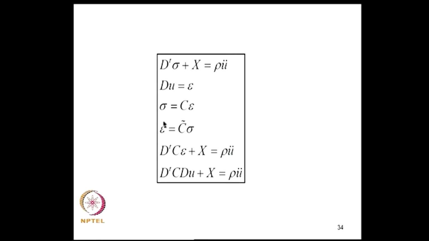By eliminating using these relations, for sigma I can write C into epsilon, and for epsilon I can write in terms of D u. So, I will get this equation, and this is the governing equation for displacement in terms of operator D and matrix C. So, this is the equation that we will be solving.